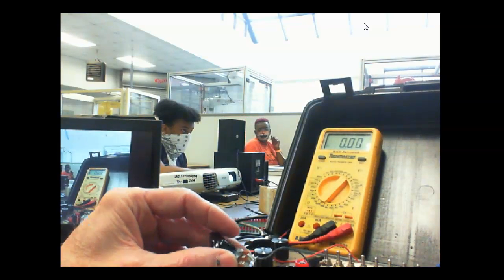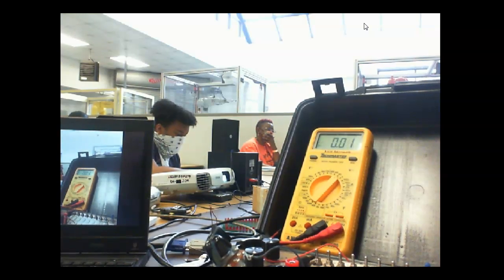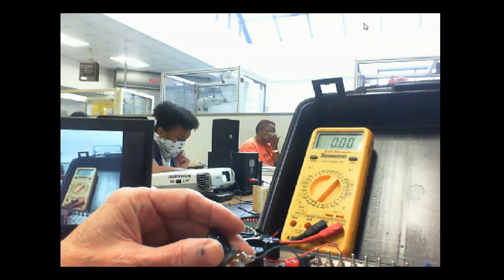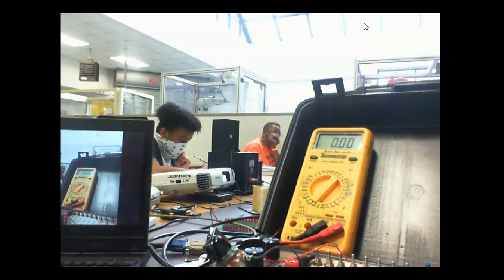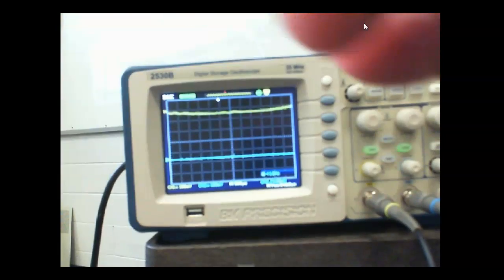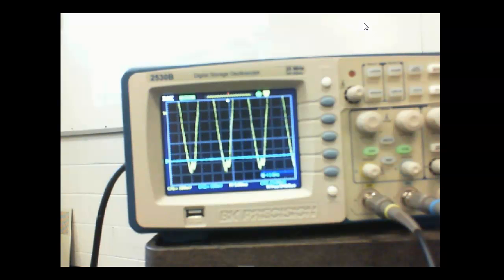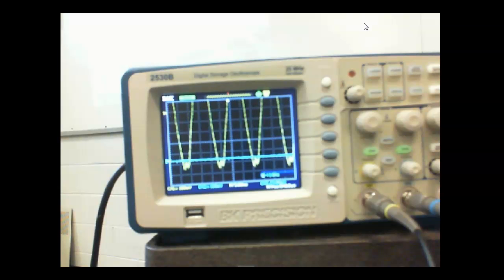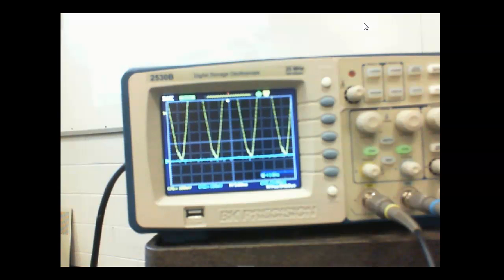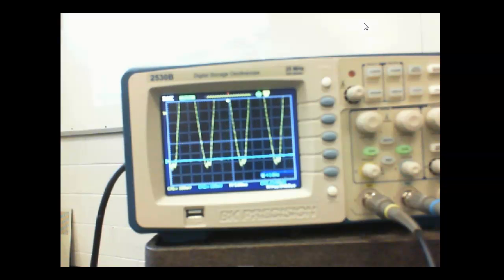So where's my input at? By the way, to show y'all how sensitive a scope is, this 60 cycles is being induced into me, and my oscilloscope is measuring it.